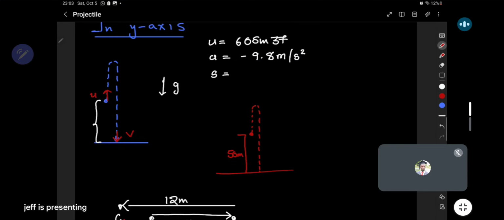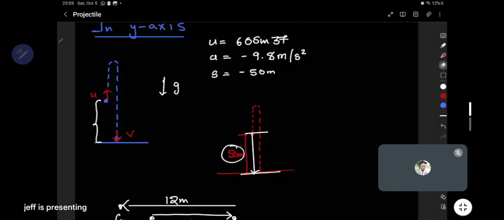So when we compare where we started from and where we are, this stone just moved from this point and came downwards by what margin? 50 meters. So the displacement is a downward displacement of magnitude 50. So here we're saying the displacement is negative 50 meters. Do you get that?